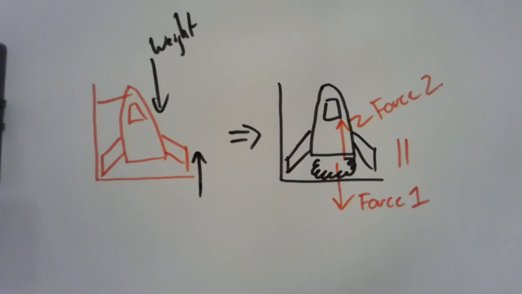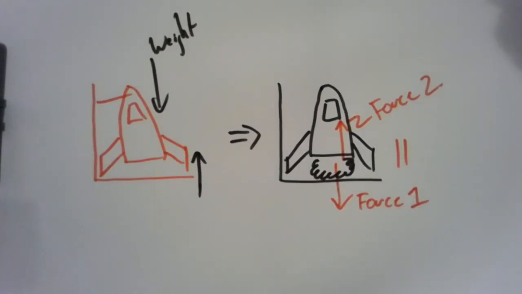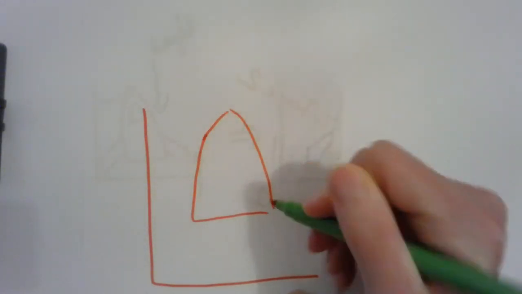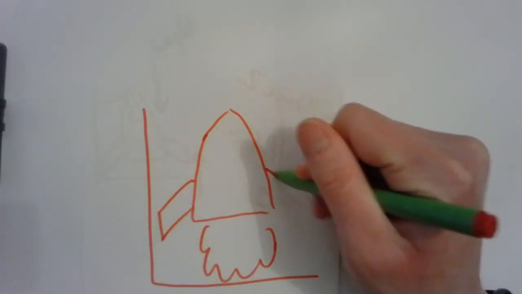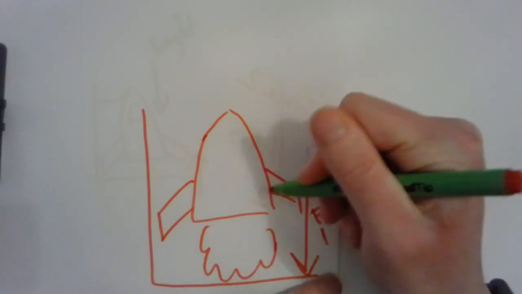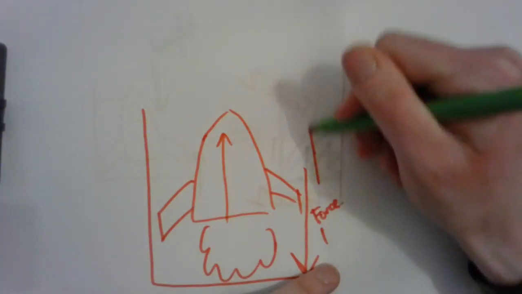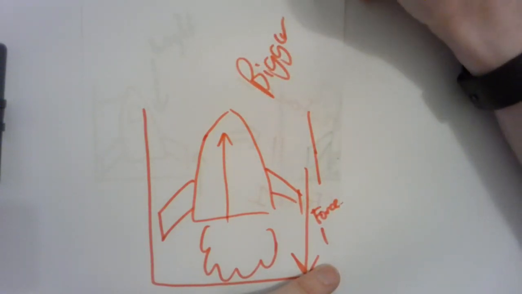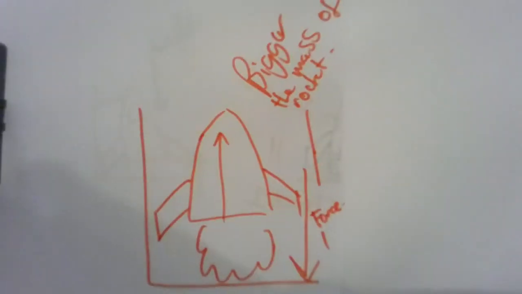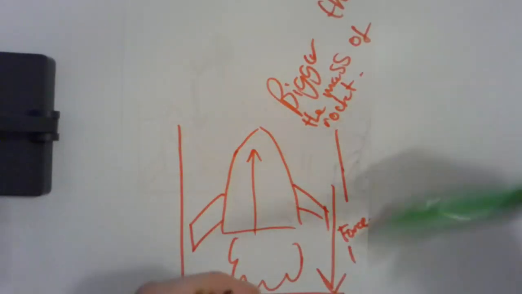For a few seconds it stays exactly where it is, and then finally, if we go big for the final rocket, finally once that force becomes big enough, once you've got enough smoke going on there, enough gas being expelled from your rocket, this force, they're still equal and opposite, force 1, and you've still got this same force pushing back, but this force now is bigger than the mass of the rocket, and so it starts to move that rocket upwards, and that's why it takes off.